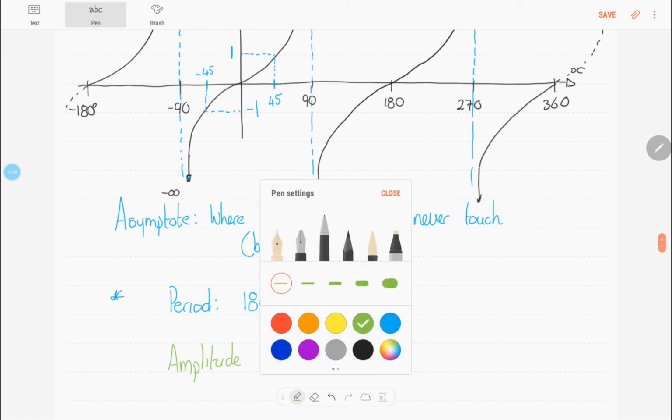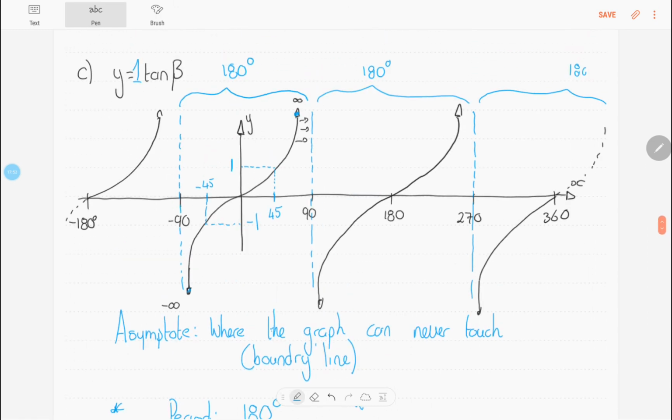Just to be clear, this amplitude will continue the whole way through. Over here we'll have 135, and it will go down, touch the graph, and across at negative 1. Over here it'll be 225, it'll go up, and then all the way across again to positive 1. And the same thing over here, at 315, I think.